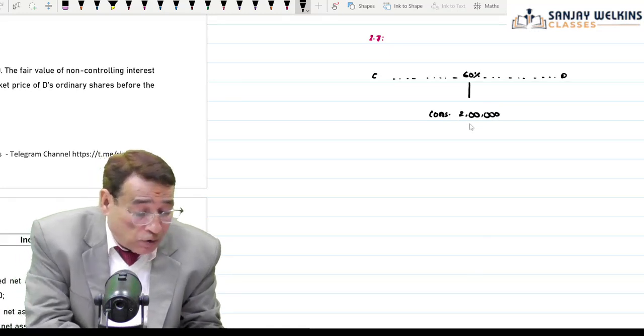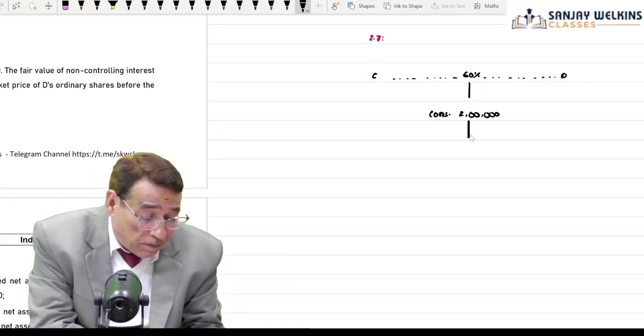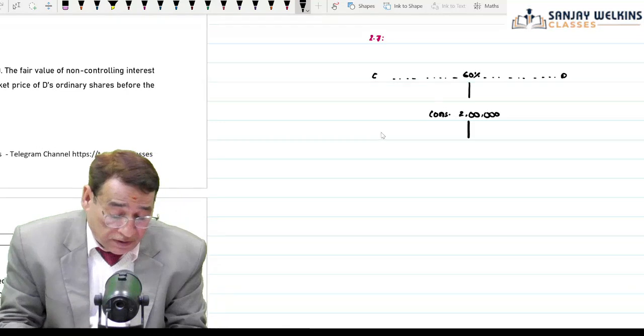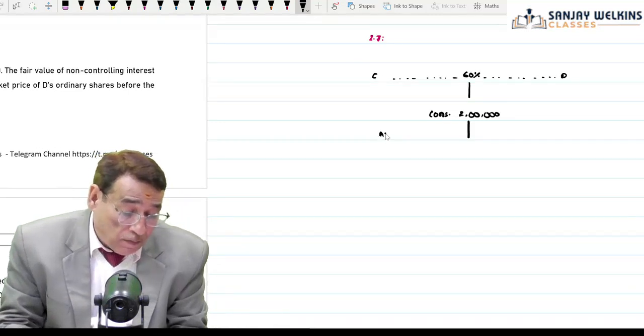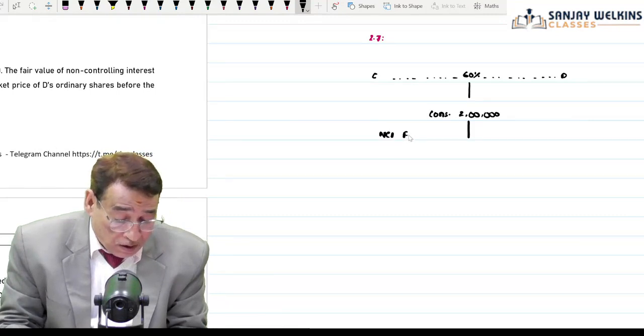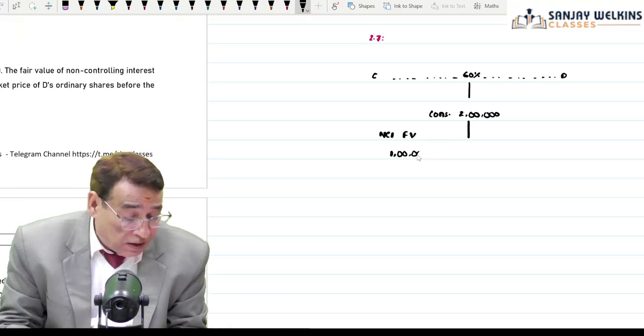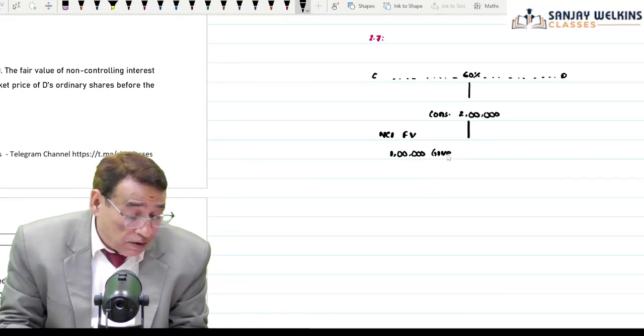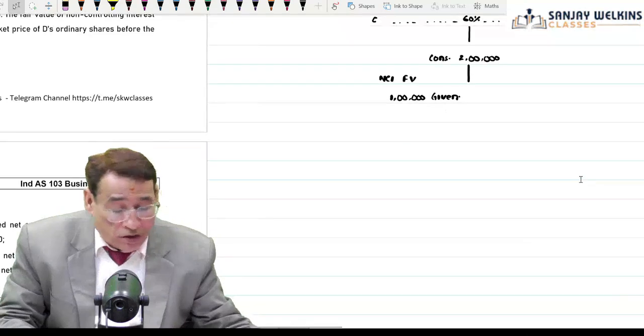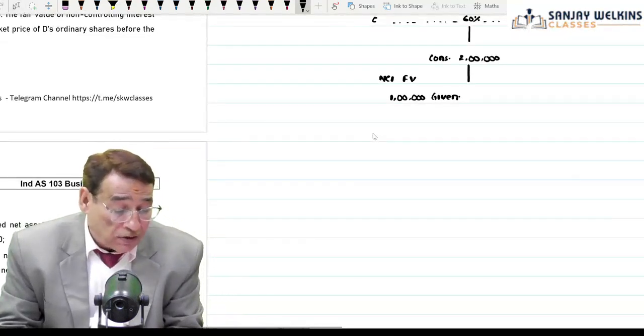And in this question, it is already given that the fair value of NCI is 1 lakh. It is already given in the question, correct? Later on, this question has got two parts.